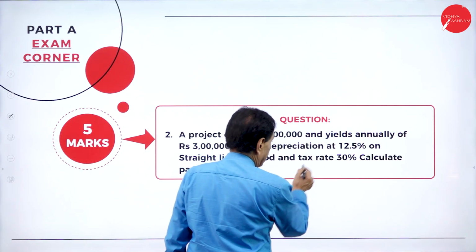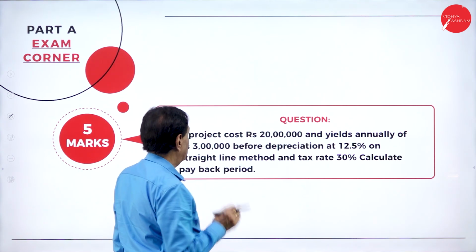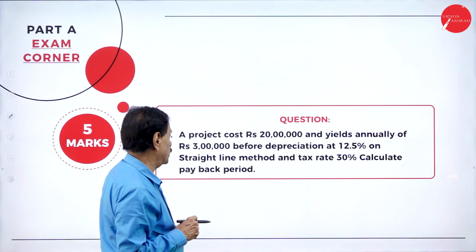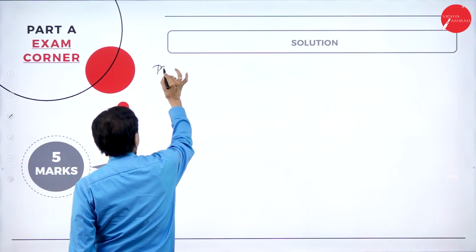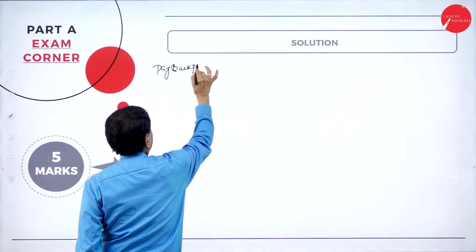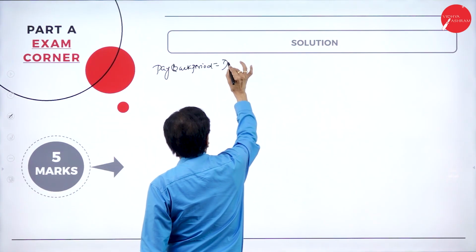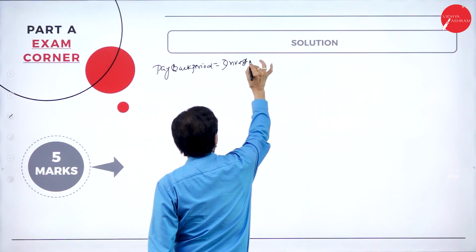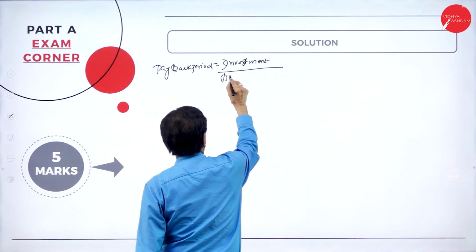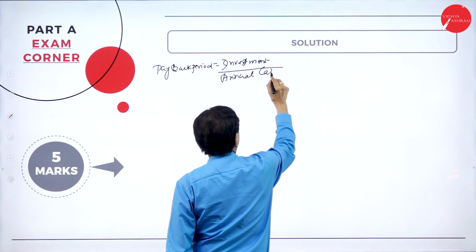Next one. A project costs rupees 20 lakh and yields annually rupees 3 lakh before depreciation. Depreciation is 12.5% on the straight line method. Tax rate is 30%. Calculate the payback period. Payback period is always the initial investment divided by cash inflows. How many years can we pay back? Investment divided by annual cash inflows.